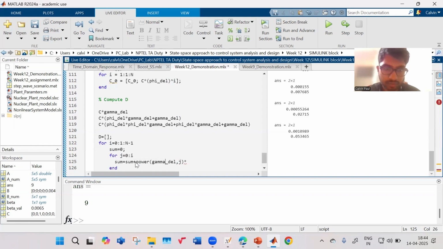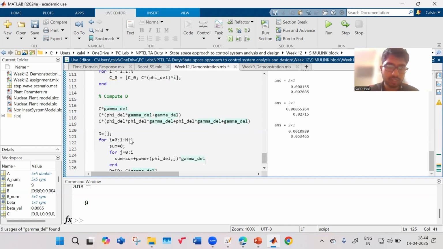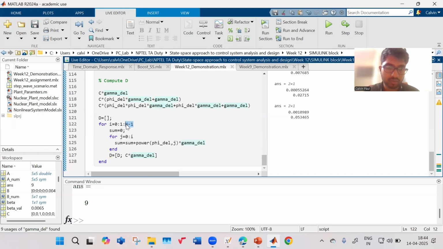Okay. Phi underscore del j into gamma underscore del. So let us just check that it is for j from 0 to I.